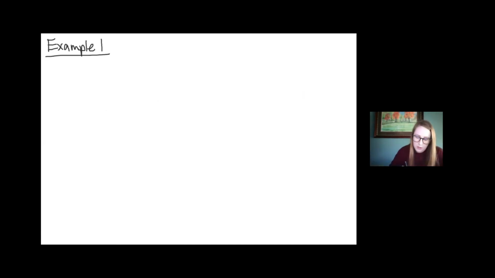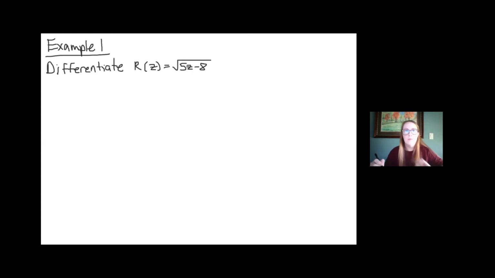Okay, example 1, differentiate or find the derivative of r of z equals the square root of 5z minus 8. Okay, so this is a function within a function.